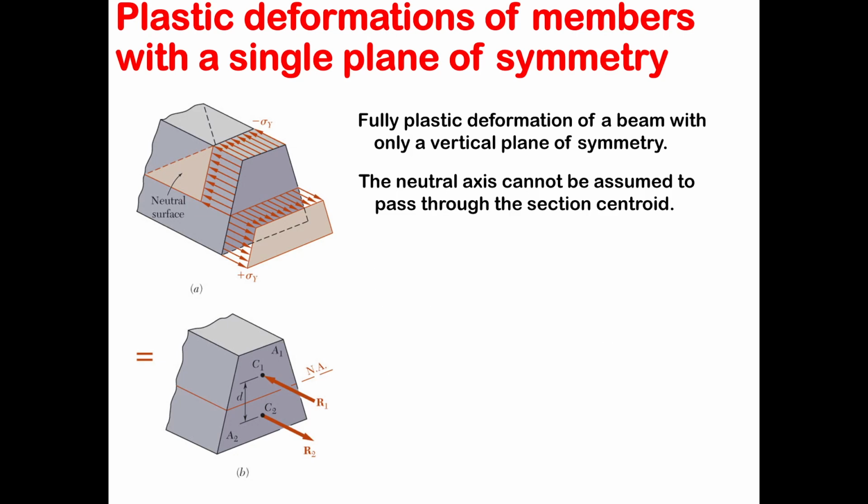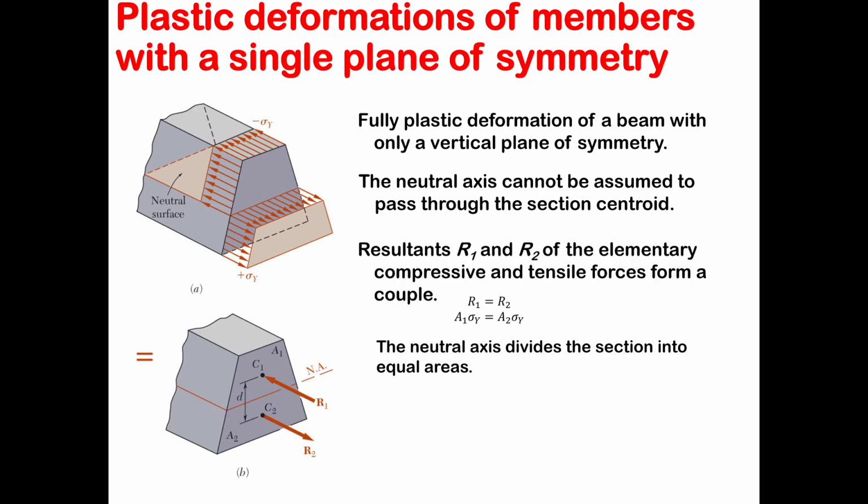So we're gonna have a resultant R1, R2 of the elementary compressive and the tensile forces from the couple, right? And the neutral axis is gonna divide the section into two equal areas, but we don't know the location. So that's one of the goals in the plastic areas.